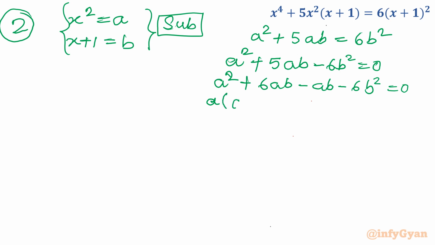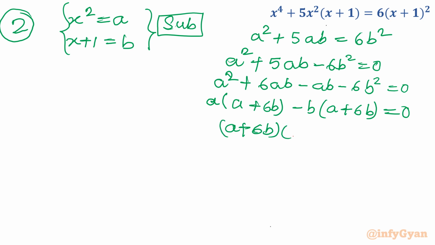So what is left? a plus 6b. And from the last two terms, I will take minus b common out. So a plus 6b equal to 0. In totality, I will take a plus 6b common. So we will have factors (a plus 6b) and (a minus b), equal to 0.